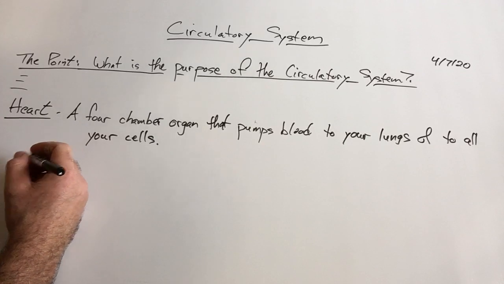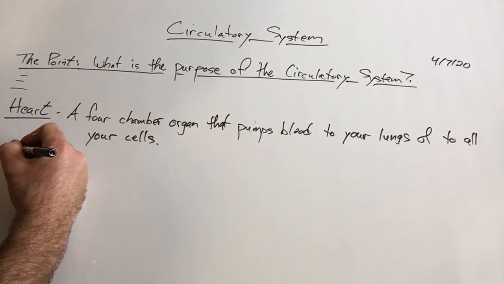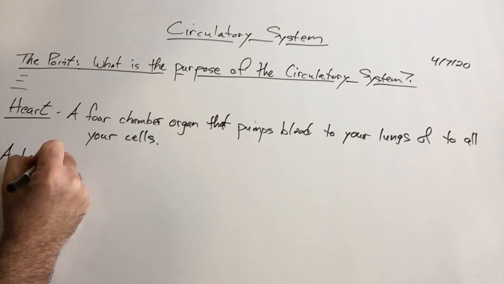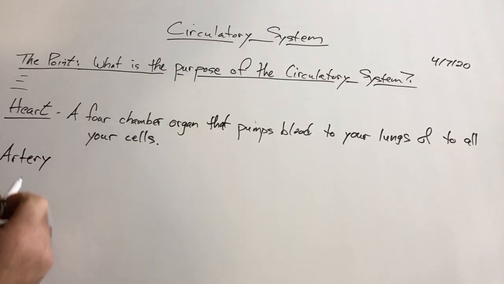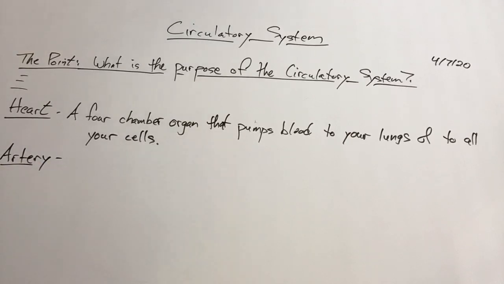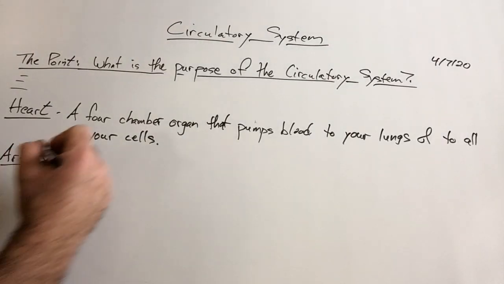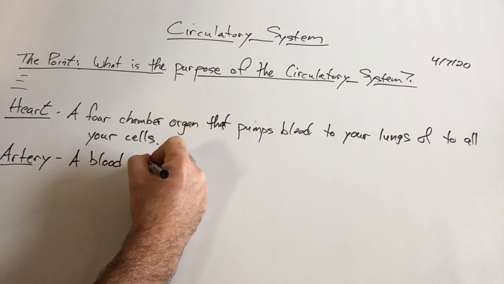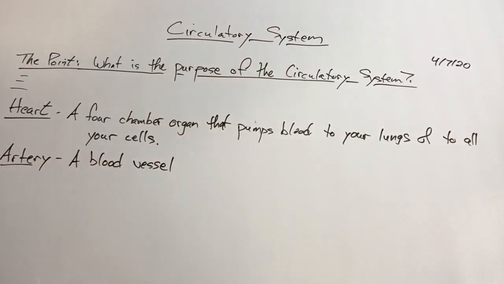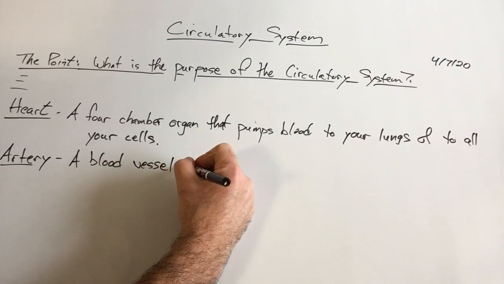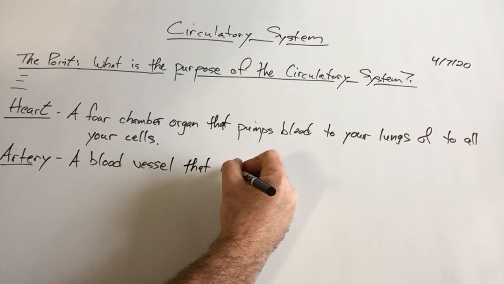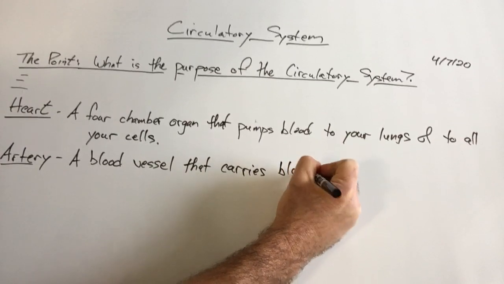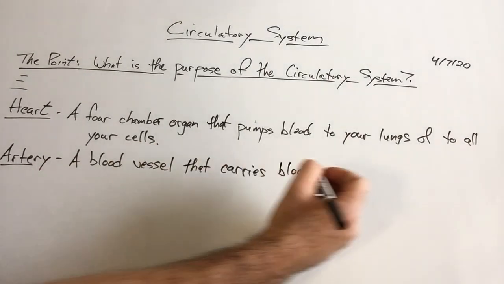Next up is artery. Let me make sure that's on screen. Hopefully you can see that. Right up against the edge, aren't I? Artery. That is a blood vessel that carries blood away from the heart.